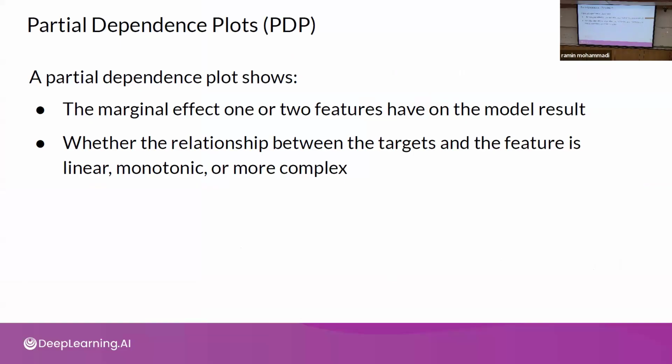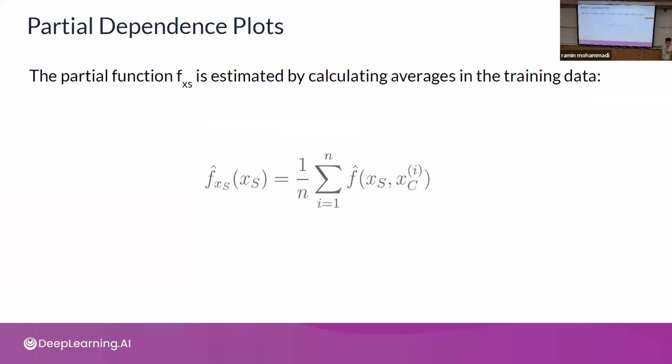What it does is calculate an average across your data points. XS, where S stands for the column that you have sampled, so if I want to look at column 1, XS becomes column 1, and XC becomes the rest of the columns. And i stands for your data points. So you have this function that compares the impact of that one column to the rest of the columns.